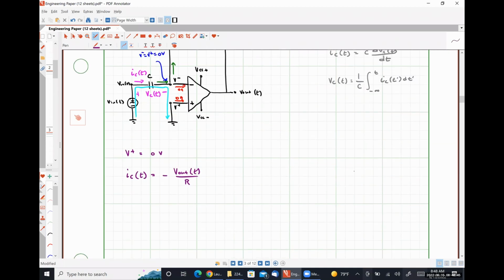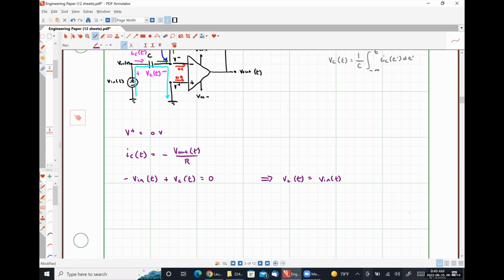What I will have then is negative Vin of t plus VC of t is equal to 0. And therefore, VC of t is just Vin of t.